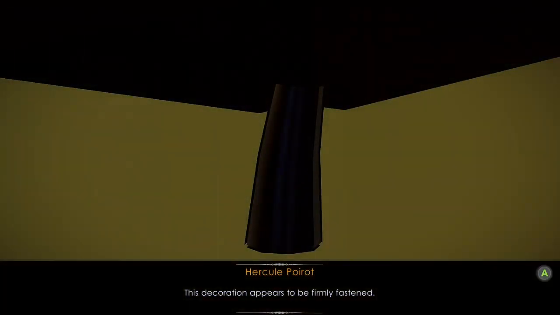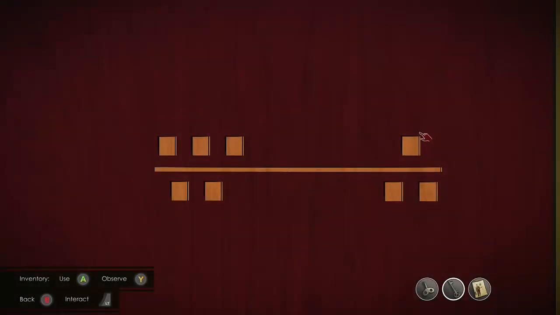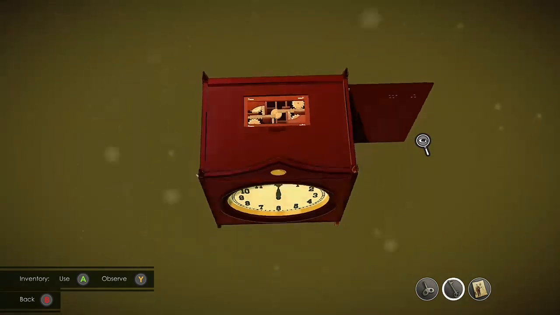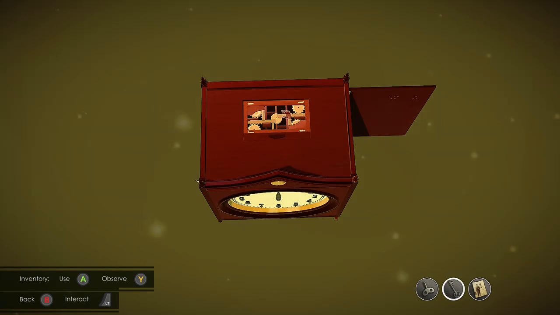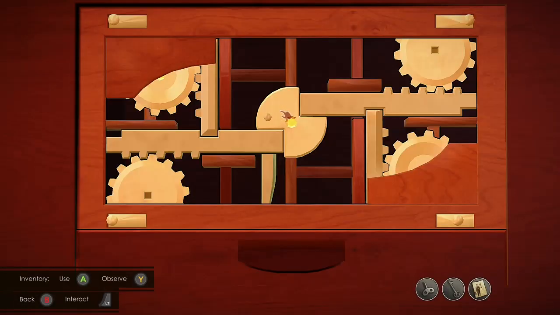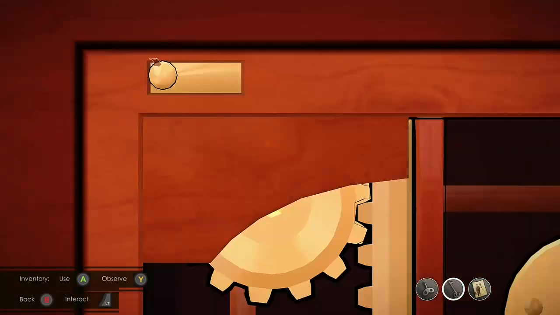This decoration appears to... Yes, alright already. Oh, you bugger, get back there.